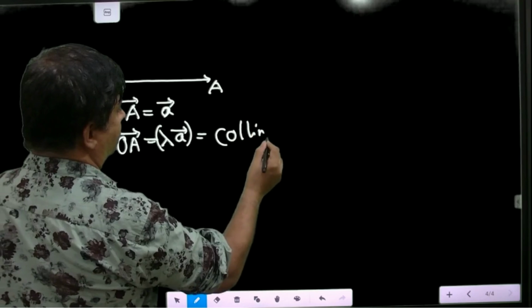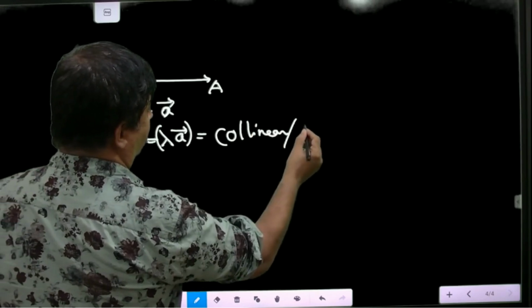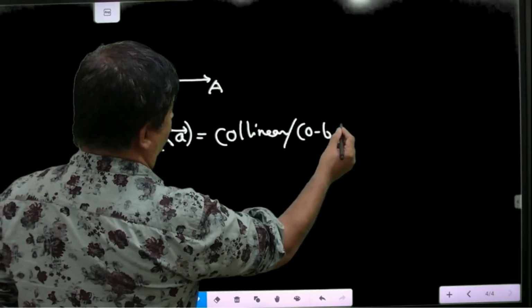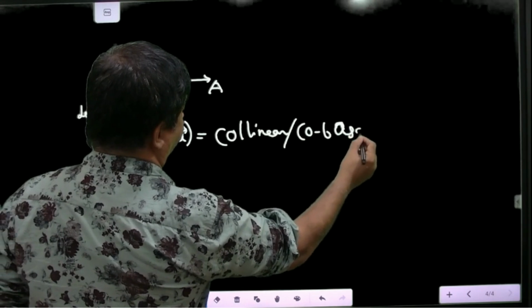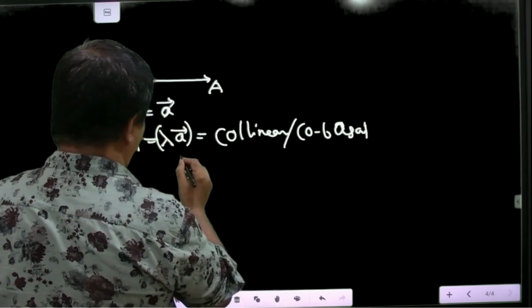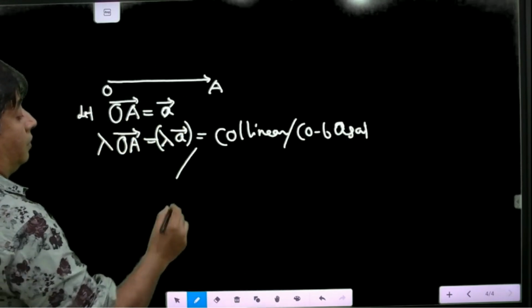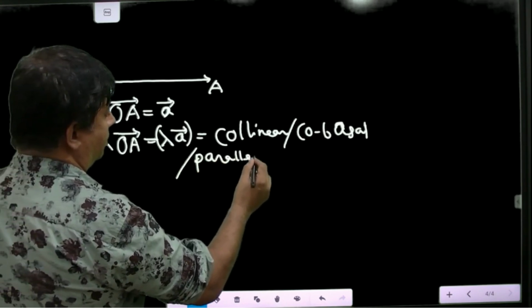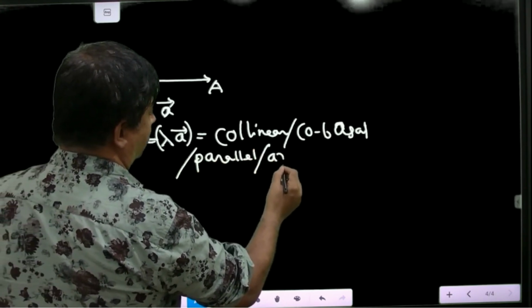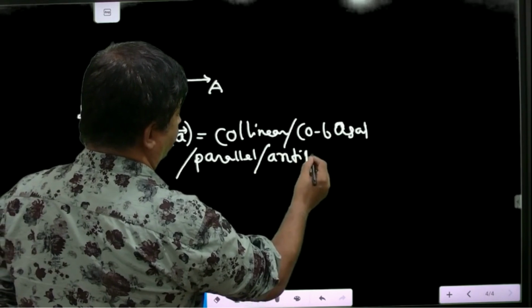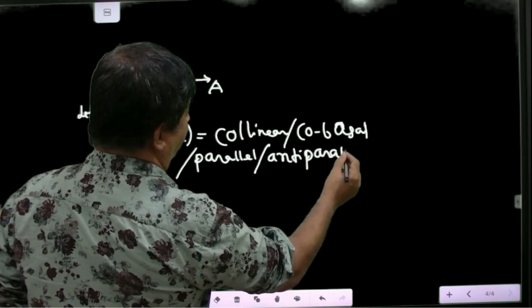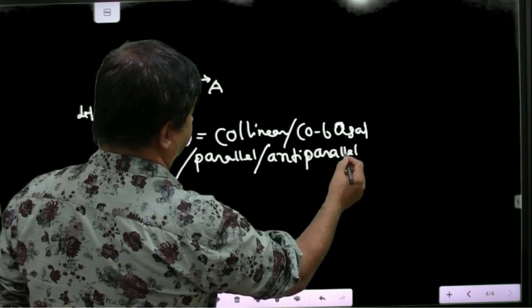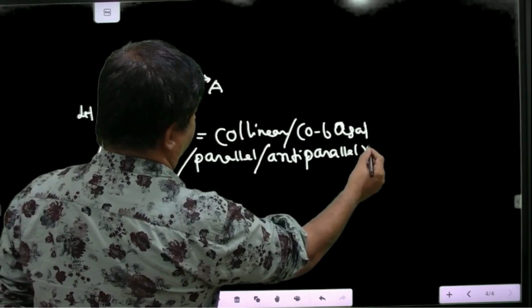collinear or co-basal or parallel or anti-parallel vectors.